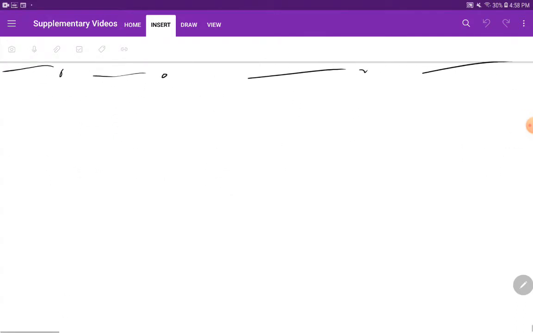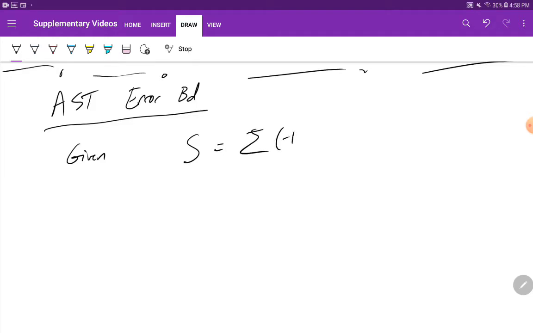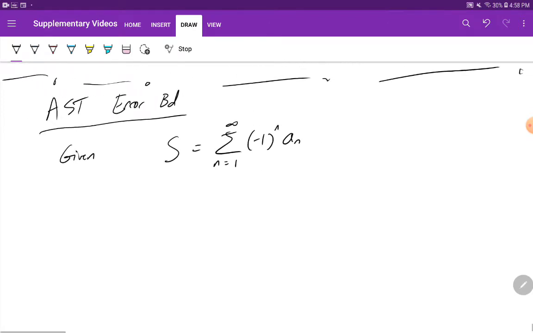So what is the alternating series theorem error bound? I call it the error bound. Given an alternating series that actually converges, I'm going to call this a sub n. I think in class I called it b sub n, but it doesn't matter. So we know that it's decreasing, and those are the two things.